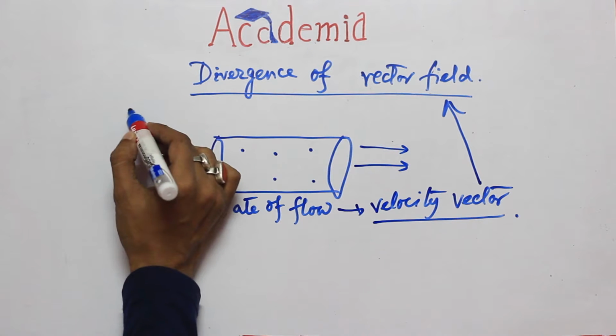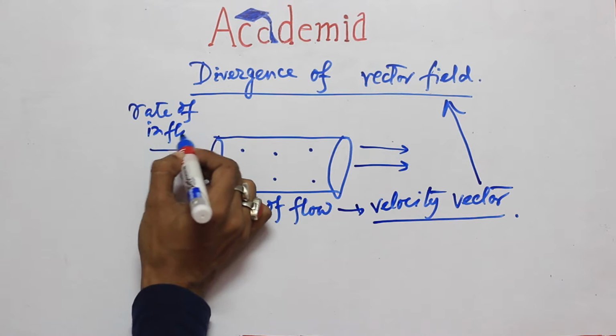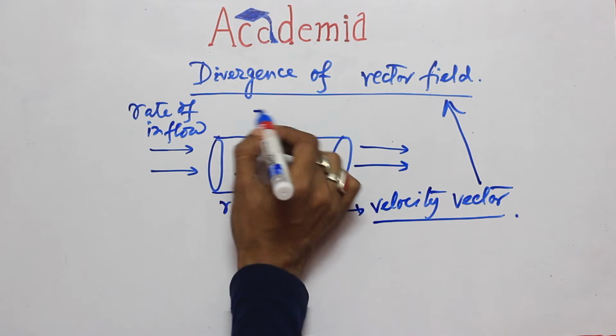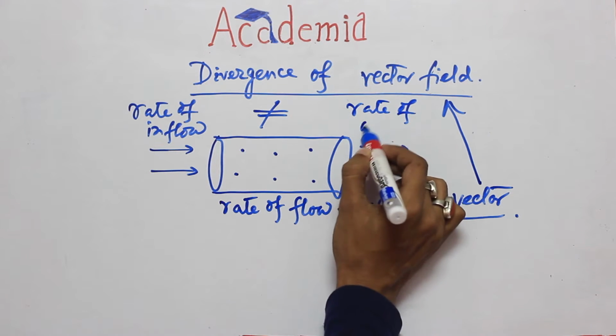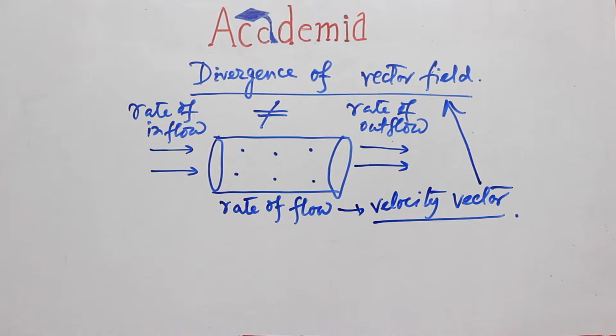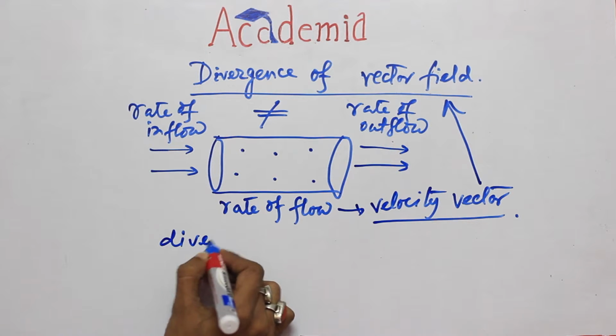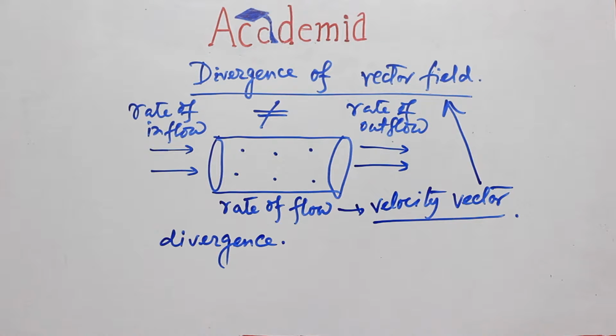If the rate of inflow is not equal to rate of outflow, then that means there's a change in this vector field. That means the value of velocity vector diverges from its original value. How much does it diverge? That is measured by divergence.